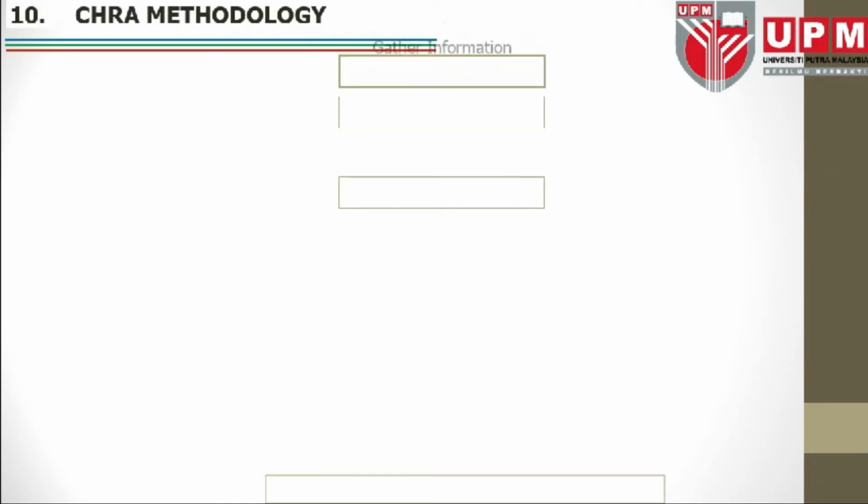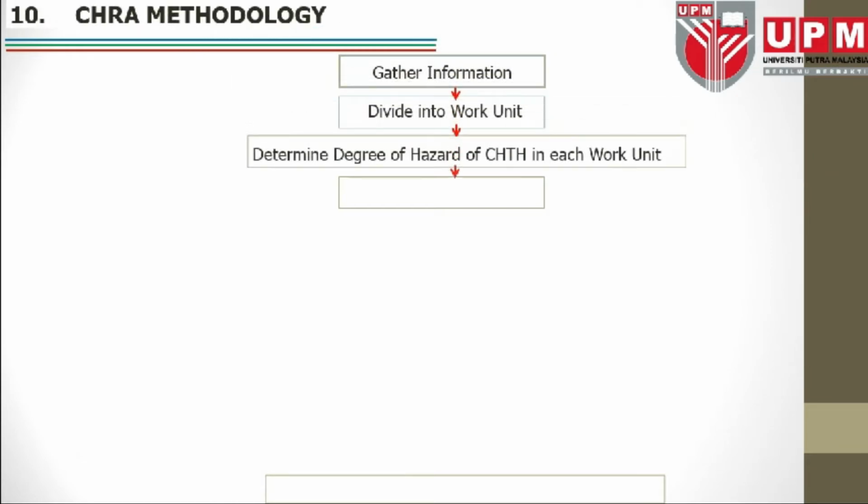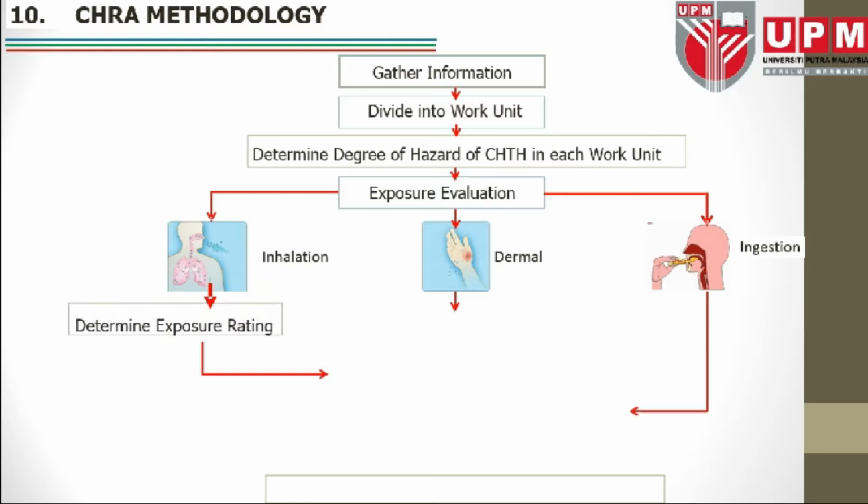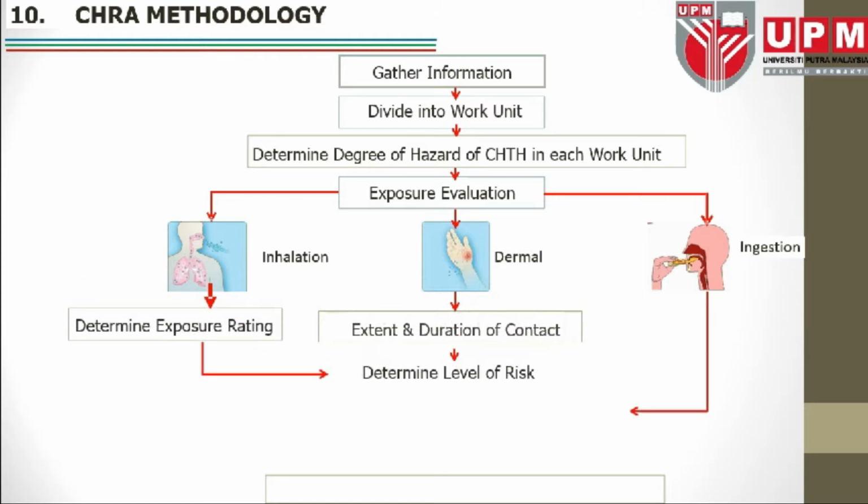In CHRA methodology, there are a few changes and improvements of steps in assessment in the third edition manual. For an example, they include recommendation and decide action priority AP in the last steps of CHRA assessment.